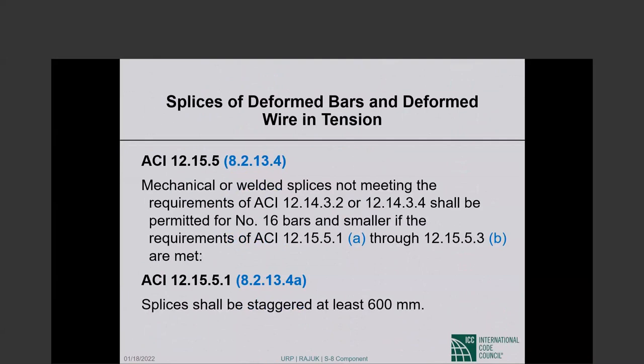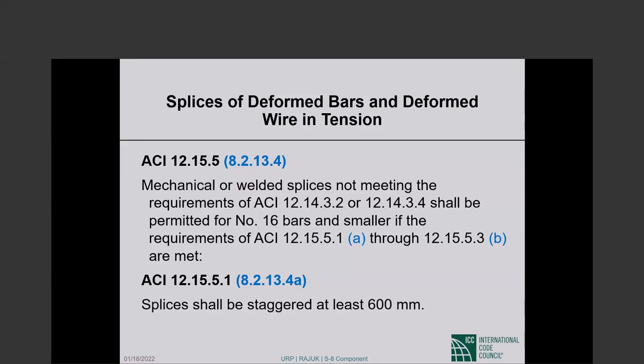Now, less than full mechanical or welded, that is 12.15.5. Mechanical or welded splices not meeting the requirements of those two sections, full mechanical or welded, shall be permitted. First of all, for smaller bars, number 16 bars and smaller, if three requirements are met, 0.1, 0.2, 0.3.